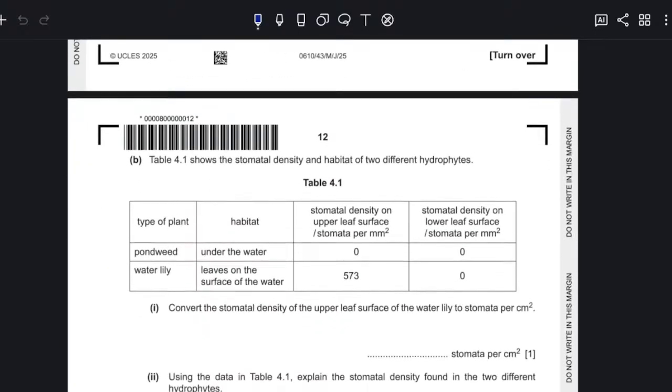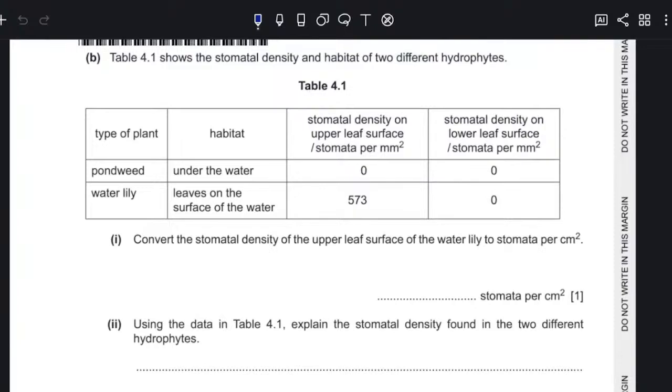Right. Anyway, here we have what they're calling stomatal density. What does it mean to say density? It means how heavy it is. And here they are showing you per millimeter squared, and they want you to convert it to per centimeter squared.